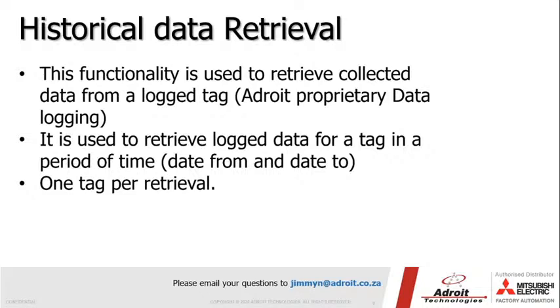Historical data retrieval. This functionality is used to retrieve collected data from a logged tag. In this functionality or configuration, the user will select their own period of time. In this period of time, the user must make sure that the tag was logged at that particular time period.